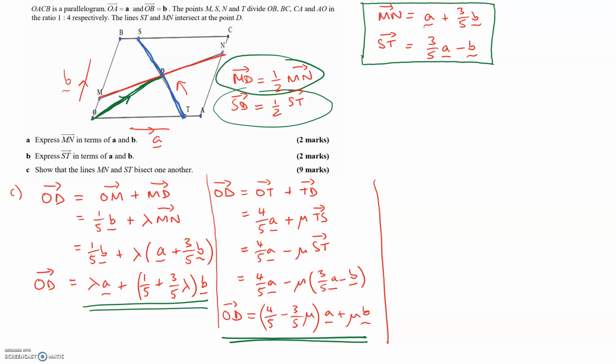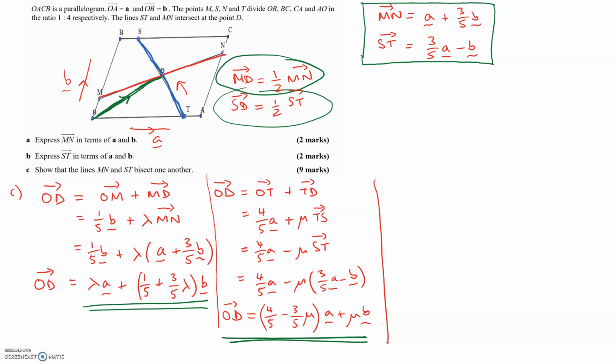This is about half of the work, because now what we need to do is compare those two vectors in order to try and work out what the values of lambda and mu are. Remember what we're expecting lambda and mu to be? We expect them to both be a half if these things bisect each other. So a way to try and work them out is by equating the two vectors. Because they're the same vector, they take us from O to D, they should be the same.